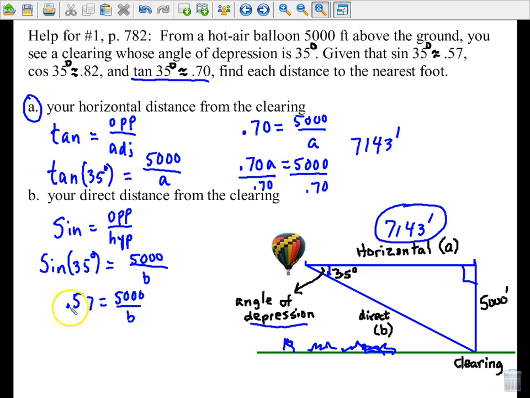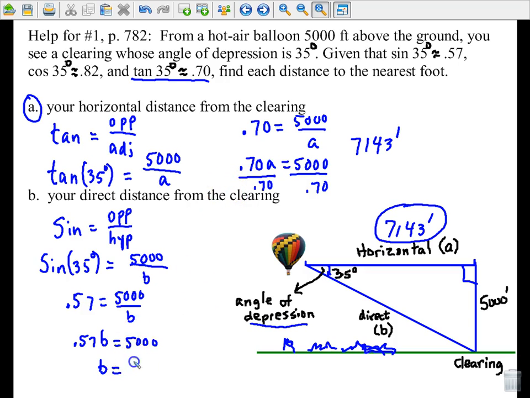So I'm going to solve for B, multiply by B on both sides. 0.57B is 5,000. And if I divide 5,000 by 0.57, I will have 8771.929.